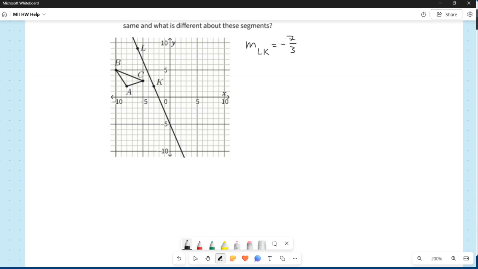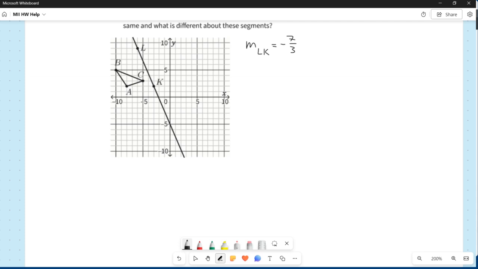So going from L, 1, 2, 3, 4, 5, 6, 7, and we go to the right, 1, 2, 3. So line LK has a slope of negative 7/3, which is fine, but it's not a very pretty slope. It's not like 2 or 1/2, right? It's kind of an interesting slope to use in this context.